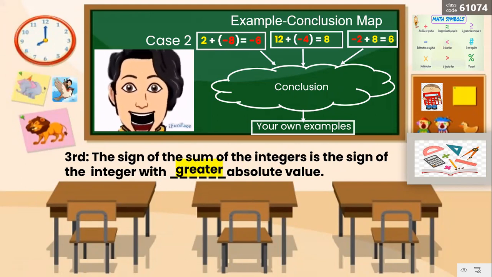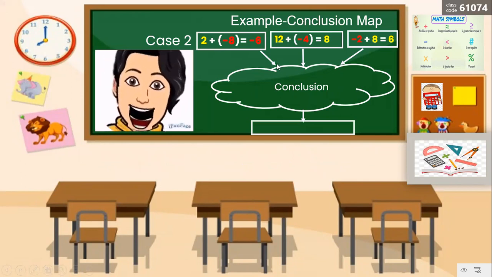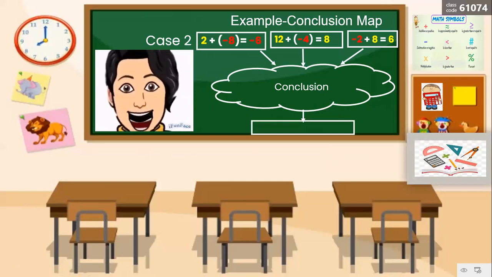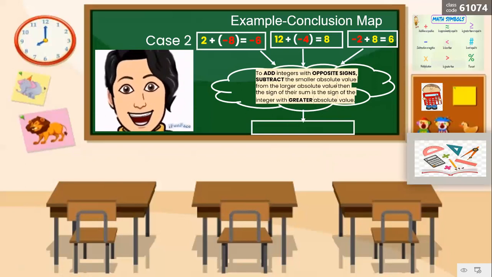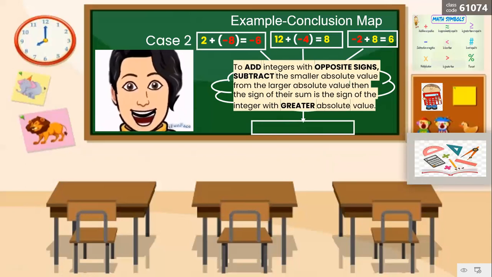Now, let's combine your observation. So, based on the pattern that you have observed, what is now the rule in adding integers with different sign? Can you state? Anyone? Very good. Great idea. So, to add integers with opposite signs, subtract the smaller absolute value from the larger absolute value.